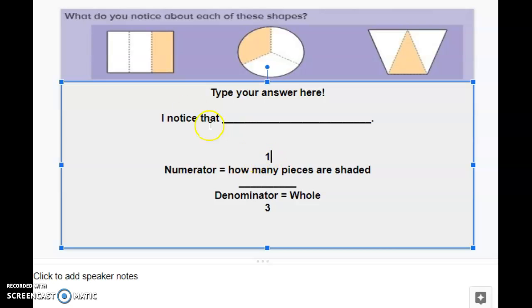So technically, each one of these I could represent by saying 1/3, right? That's how I would do it if I was writing over a fraction bar. Today what we're going to be practicing is how to write this in word form, okay? So we're talking about unit fractions today.